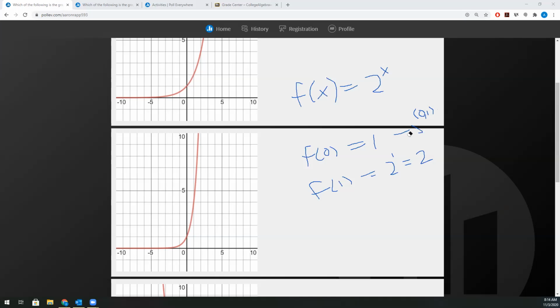But I know I need to go through the points (0, 1) and (1, 2). I could also say I need to go through another point we calculated, (-1, 1/2). Oops, not -1, it would be 1/2. Not clear, give me the eraser.